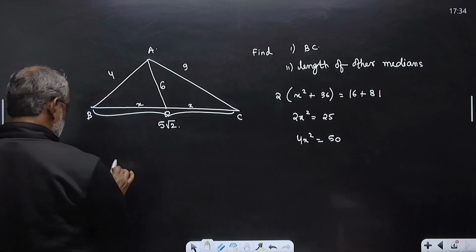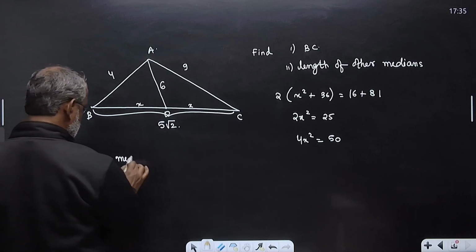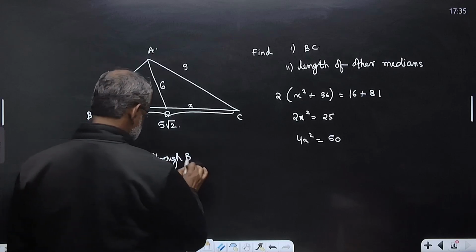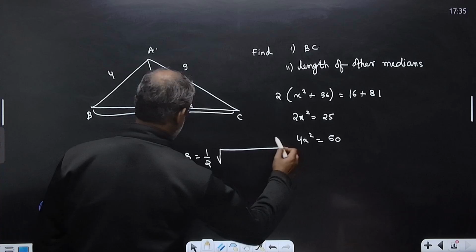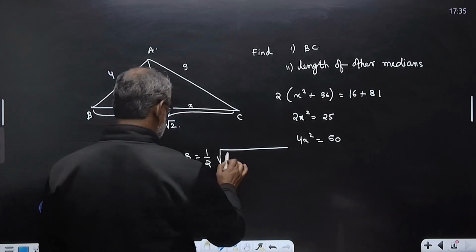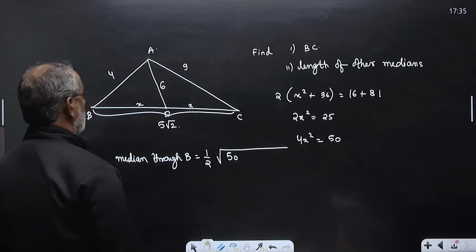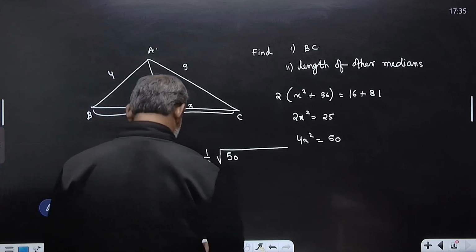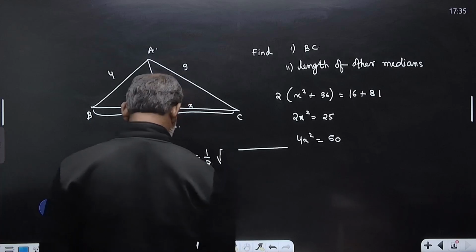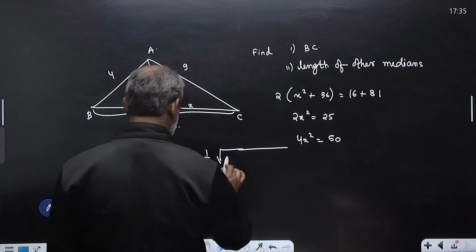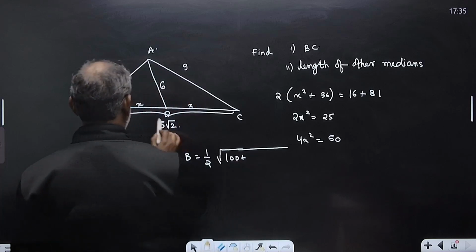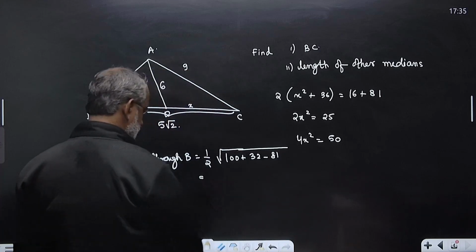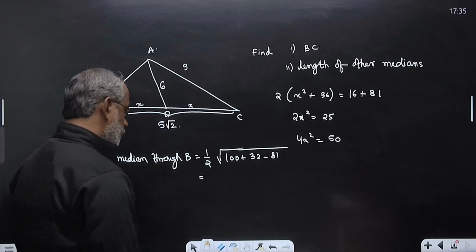Suppose the median through B: 2B square is 50, 2B square, sorry, 100, plus 2C square 32 minus 81. 19 plus 32, root 51 by 2.